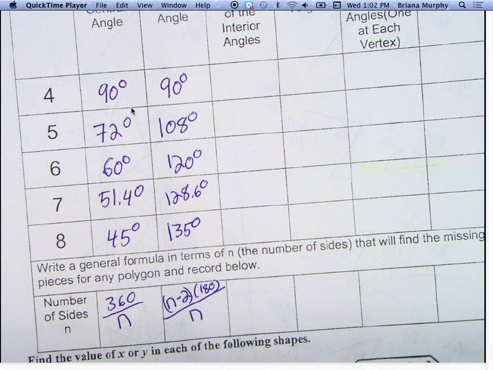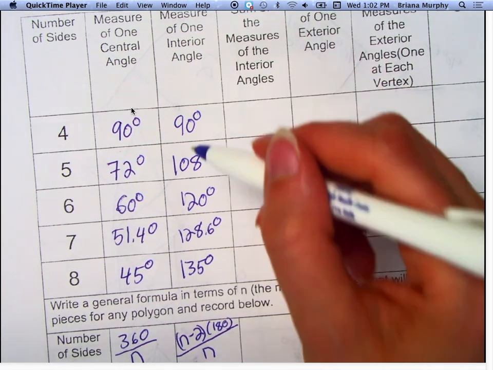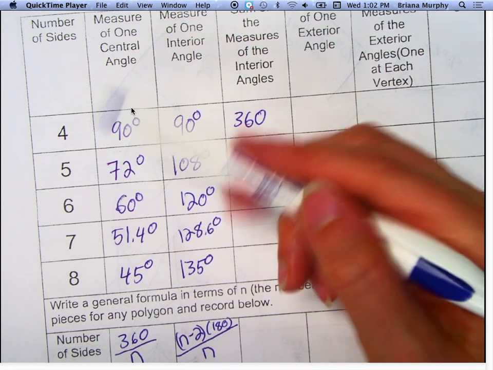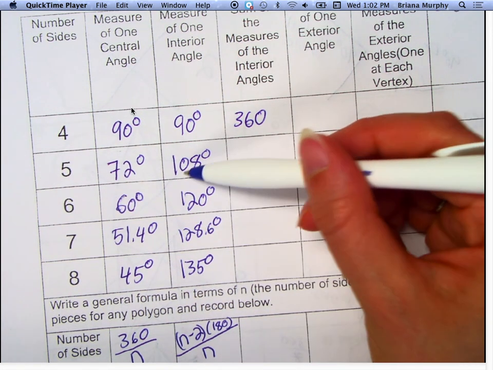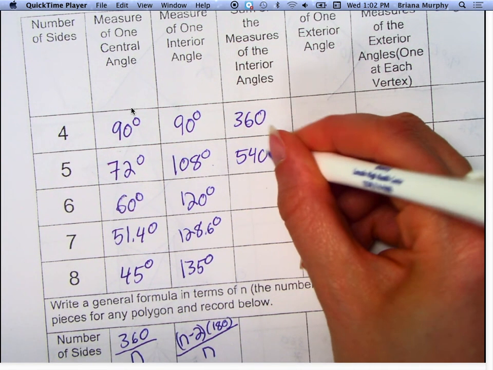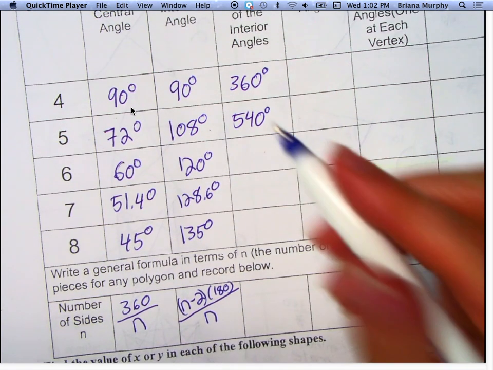Okay. The sum of the measures of the interior angles. What's 90 times 4, guys? 360. If it has 5 sides, it has how many angles inside of it? 5. So 108 times 5 is? 540. What about 120 times 6? 720.